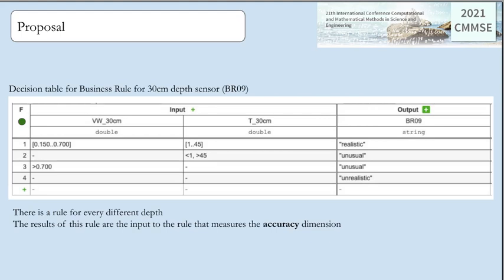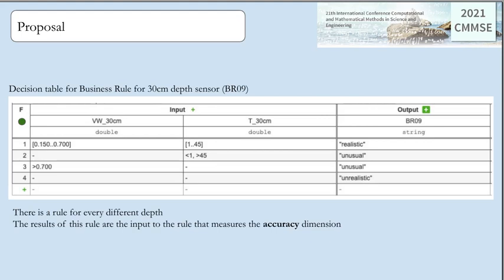takes as input the humidity and temperature data, in such a way that if the humidity is in the range of 0.15 to 0.7 and the temperature between 1 and 45 degrees, the result will be realistic.